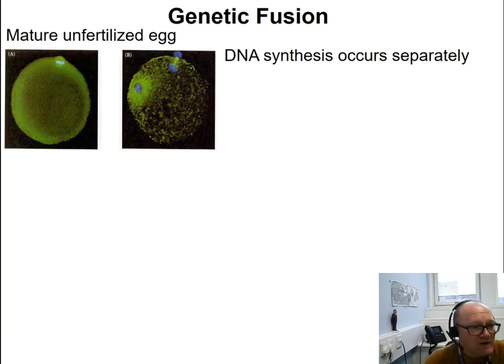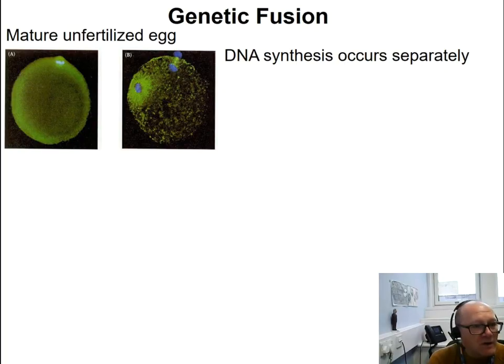So here, this blue on the left-hand side represents the point of entry of the sperm, and you can see this green circular structure that is called an aster that is formed from the centriole of the sperm, while on the top of the picture you can see two DNAs, again in blue. One represents a secondary polar body, while the other one, internal to the cytoplasm, represents the maternal nucleus.